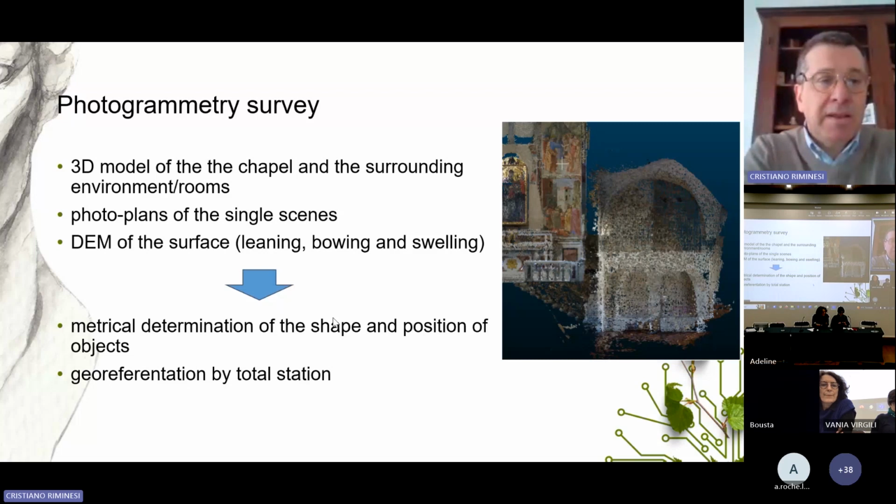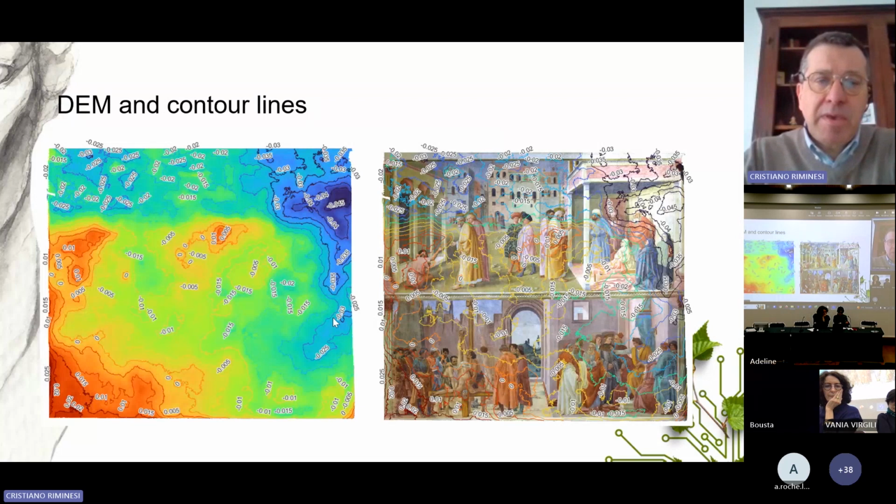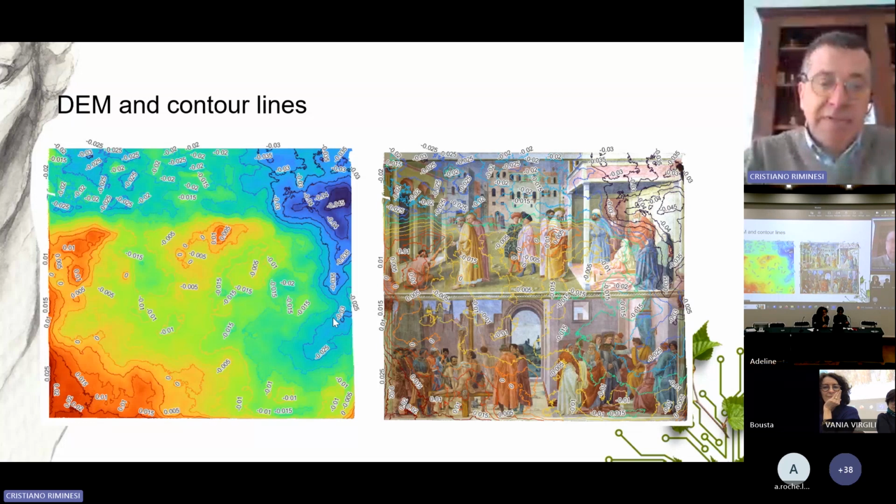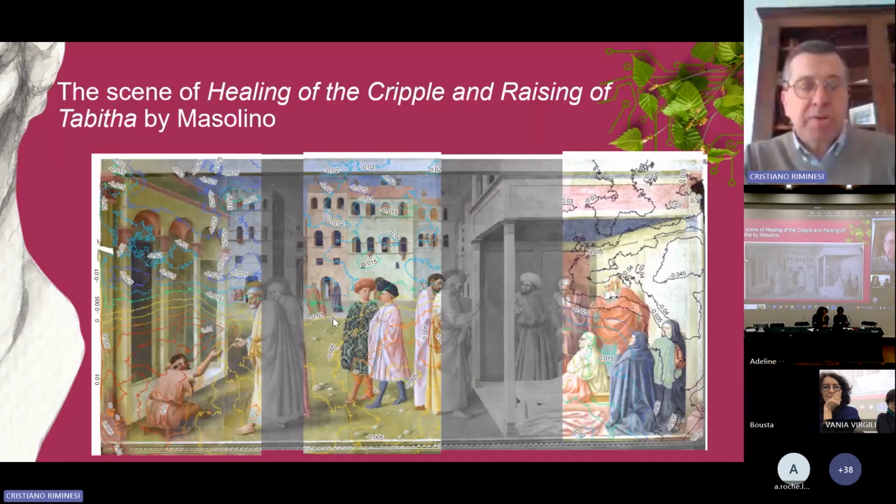Because by the 3D model, we can determine the metrical size of objects and their position on the scene, on the photo planes. So the contour lines of the single scene help us to understand where the deformation is and what its size is.